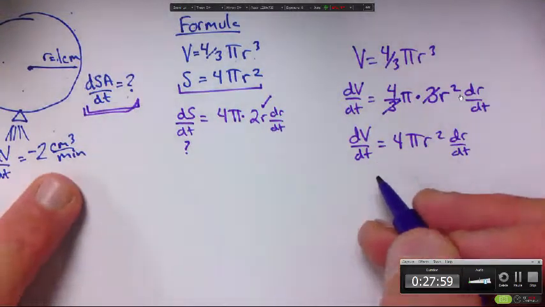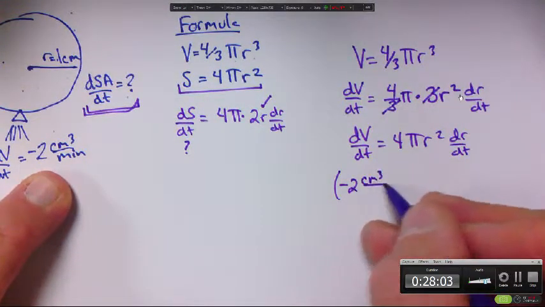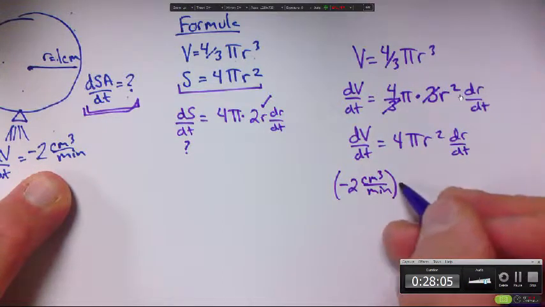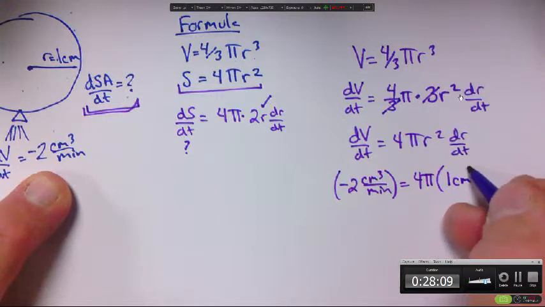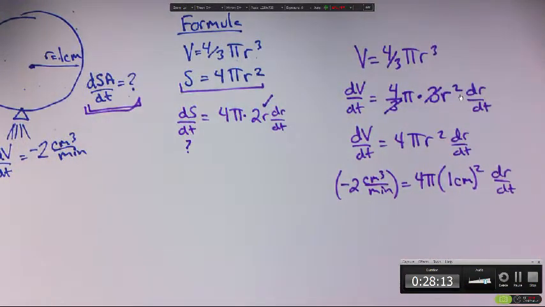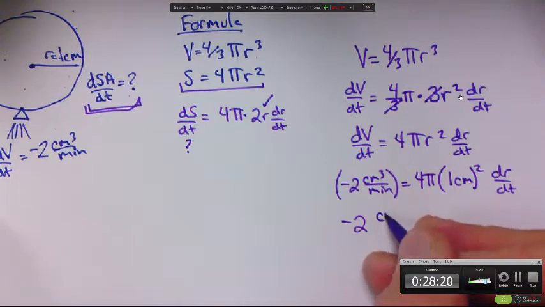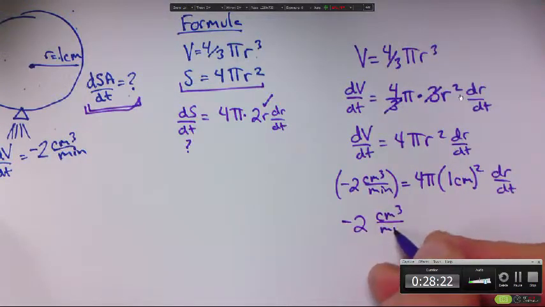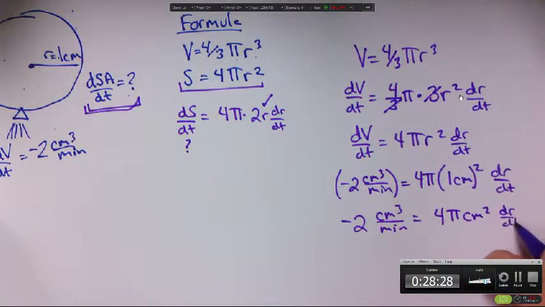dV/dt, that's given to us. -2 centimeters cubed per minute equals 4 pi. The radius is 1 centimeter squared dr/dt. So what we have is -2 centimeters cubed per minute equals 4 pi centimeters squared dr/dt.